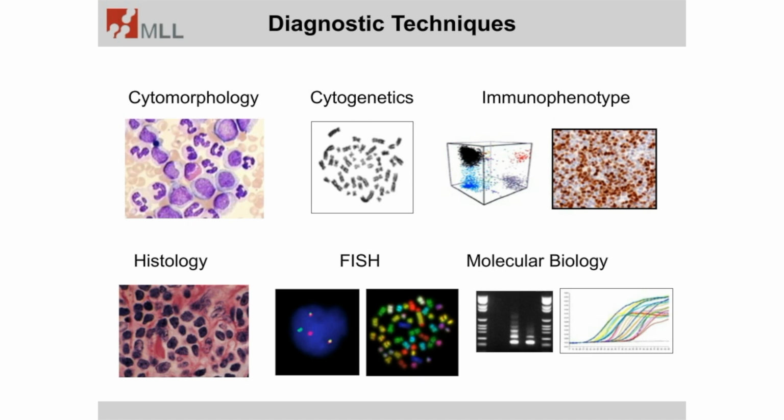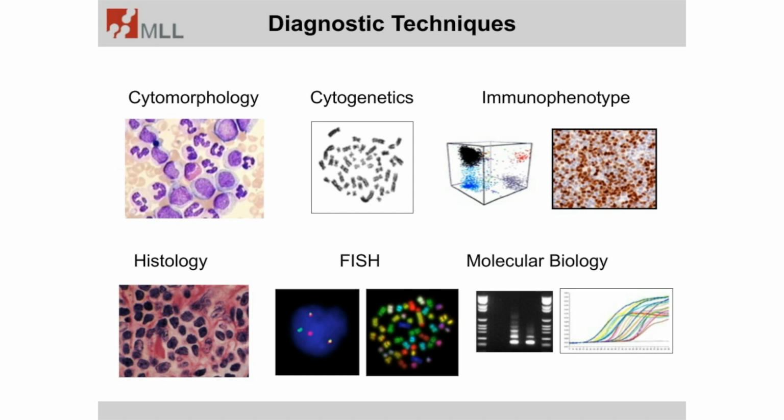For those of you who are working with this, that's not new, but for others, I just want to point out at the beginning of this presentation that today, the diagnostic techniques we use to diagnose leukemias and lymphomas at diagnosis, for follow-up, or at relapse have been and are still combined by using cytomorphology, histology, cytogenetics, accompanied by FISH or by FISH alone, immunophenotyping or immunohistochemistry, and a huge and increasing number of molecular assays in our laboratory and in many other laboratories in the world.